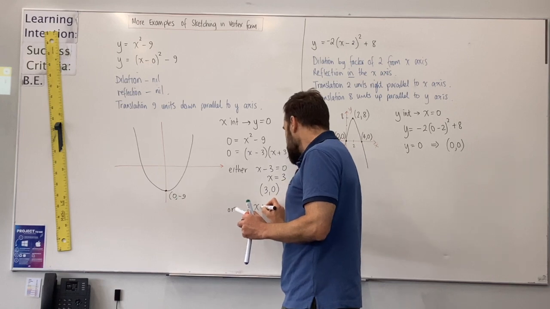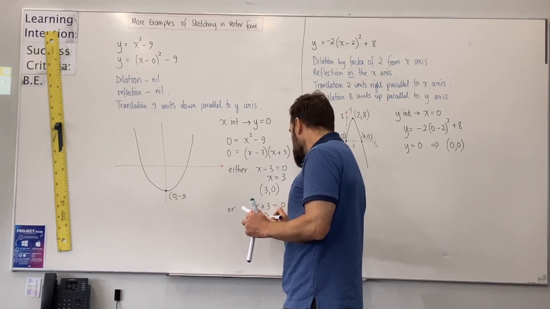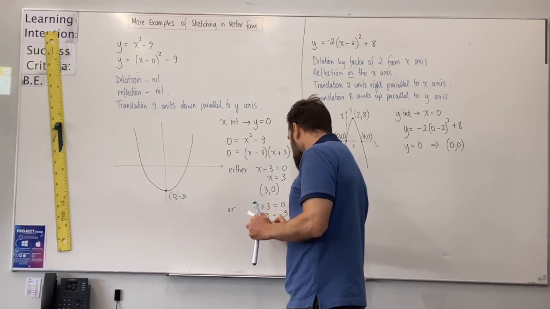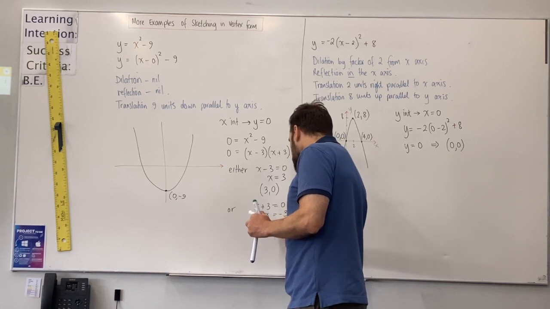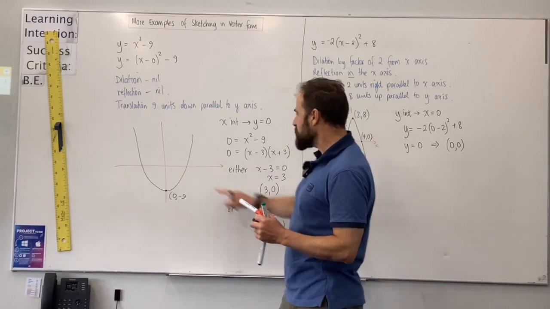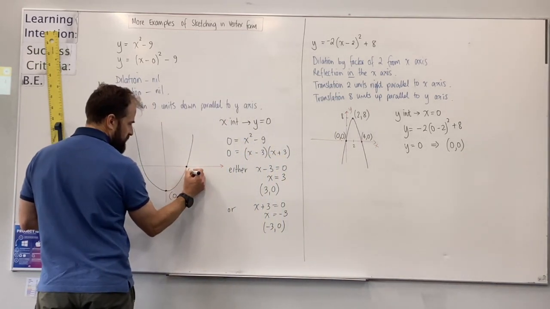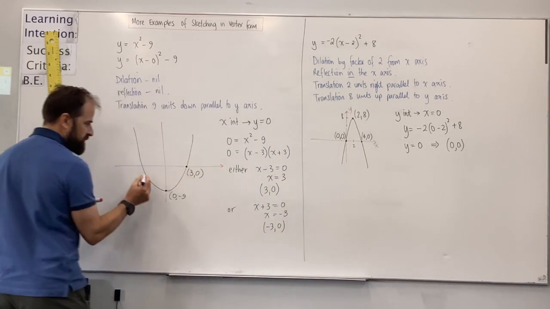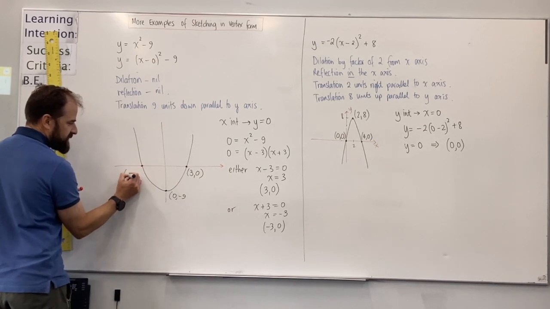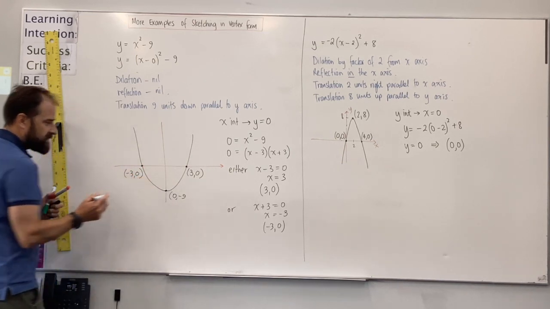Or x plus 3 equals 0, in which case x equals negative 3, which is the coordinate negative 3, 0. Which coordinate's which? And the one on the left is the negative 3, 0.